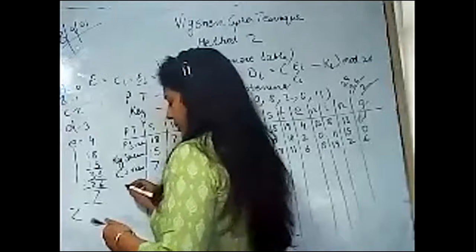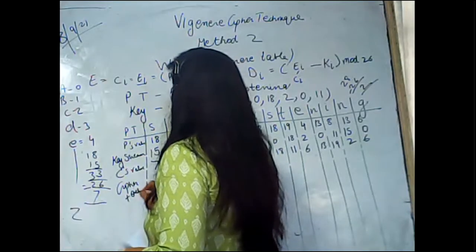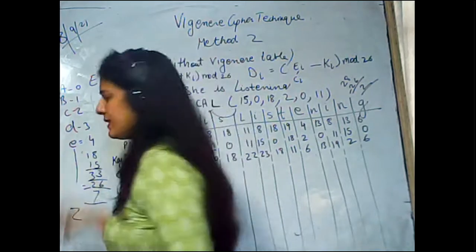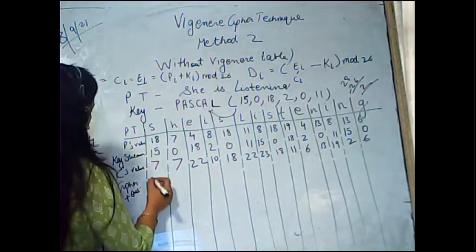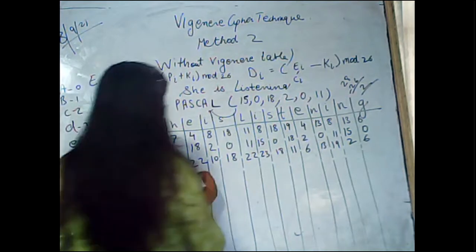Clear? Now, according to these numbers, we will get the particular alphabets. How do we get the ciphertext? Number 7 is represented by, if you see this particular table, the letter H. So this is your H. What alphabet comes at number 22?